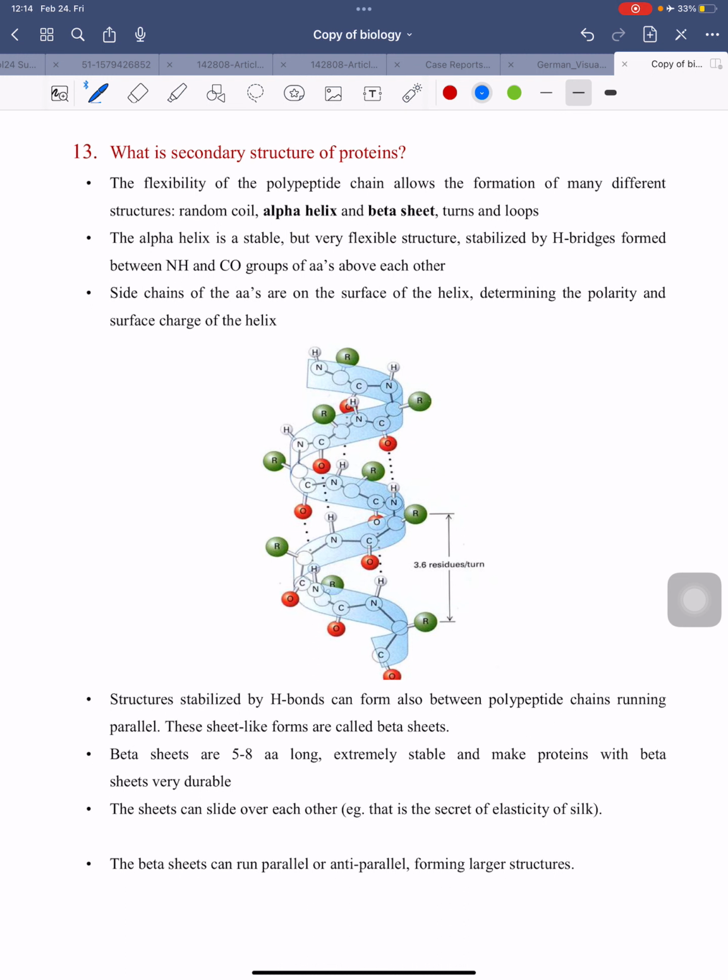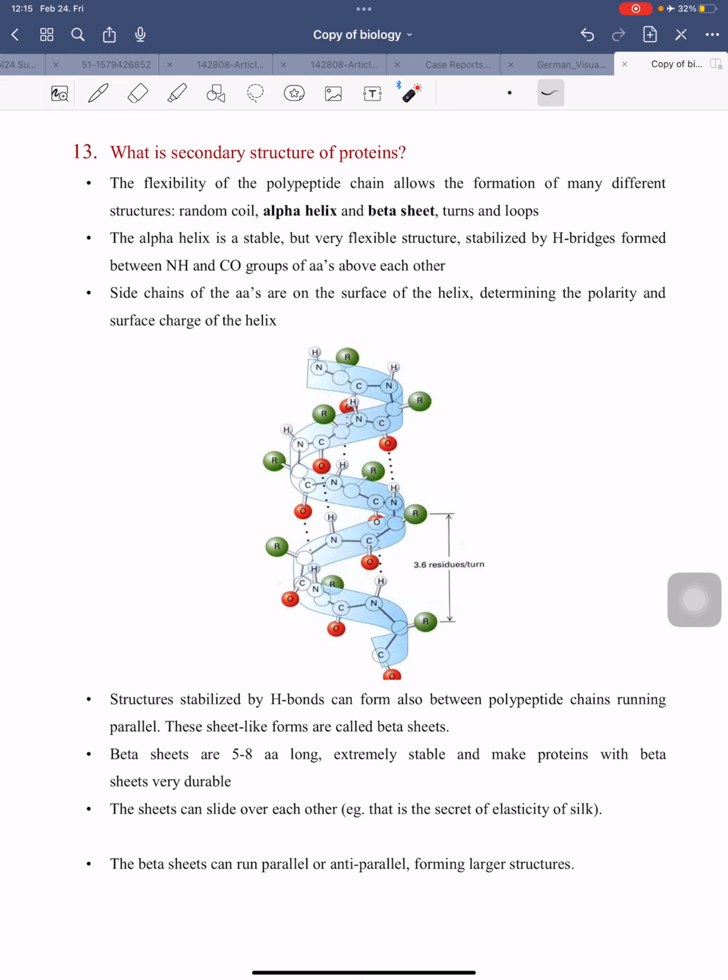But what is the secondary structure? For example, the flexibility of the polypeptide chain allows rotation and forms different conformations. Many different structures can be formed: random coil, alpha helix, beta sheet, and turn and loop. For example, this is the alpha helix.